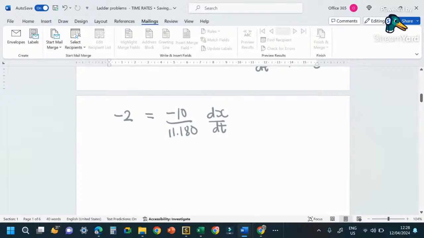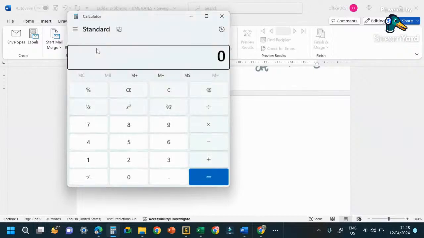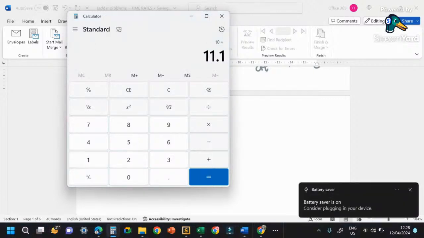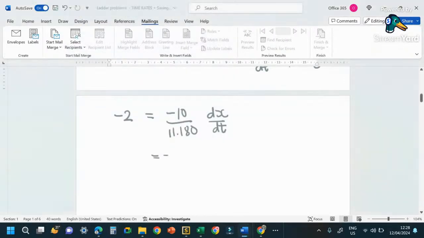So let's just simplify this one. Negative 10 divided by 11.180 is equal to 0.8945. So this is negative 0.8945 dx over dt. This is -2 on the other side.